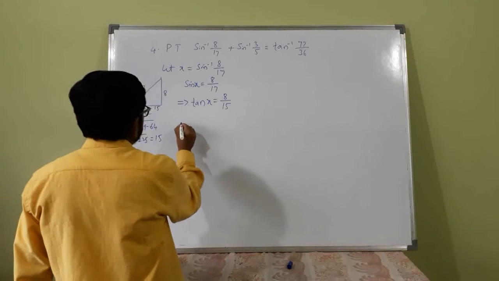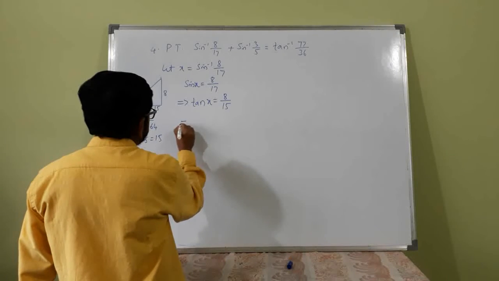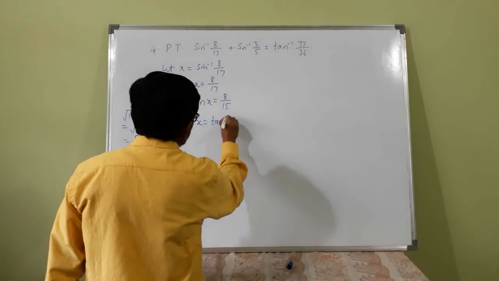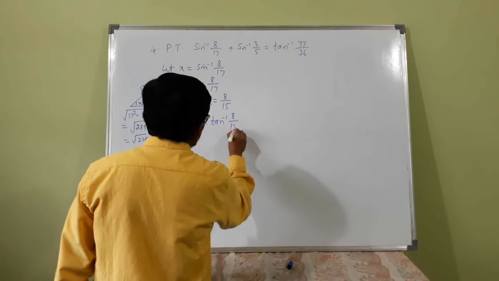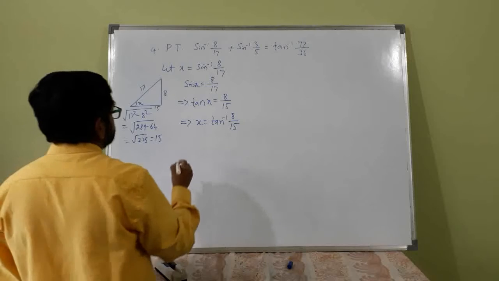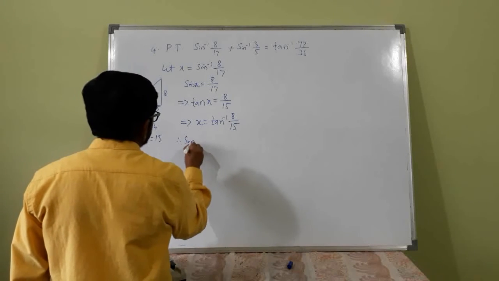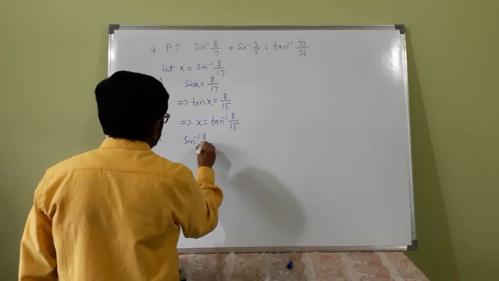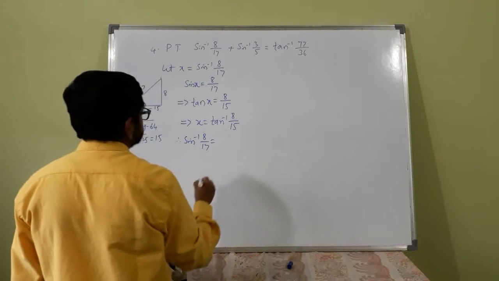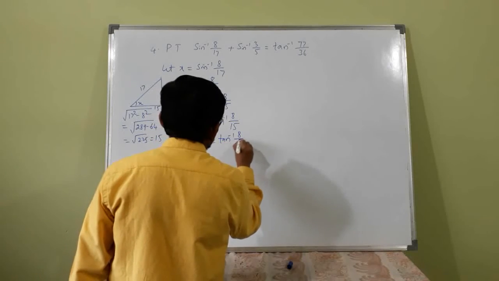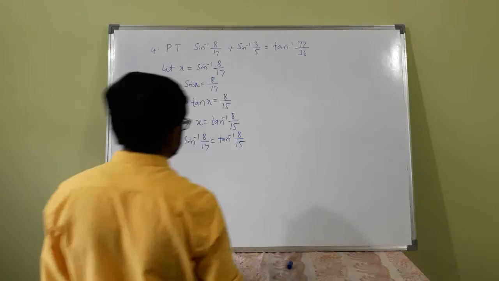So x is equal to tan inverse of 8 by 15. Therefore, sin inverse of 8 by 17 is the same as tan inverse of 8 by 15.